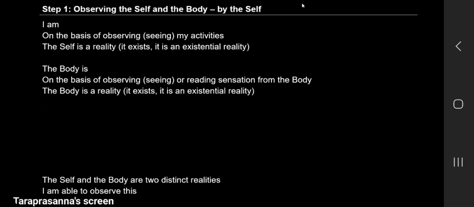But who is that I? So you can see that somebody is there who is witnessing this. No? That person is you, the self. So you exist. You are an existential reality.